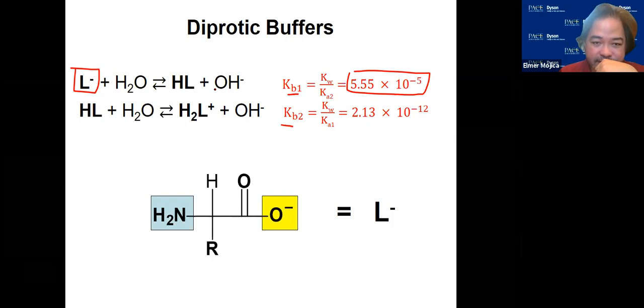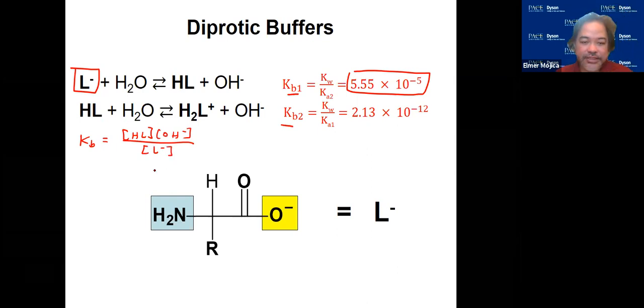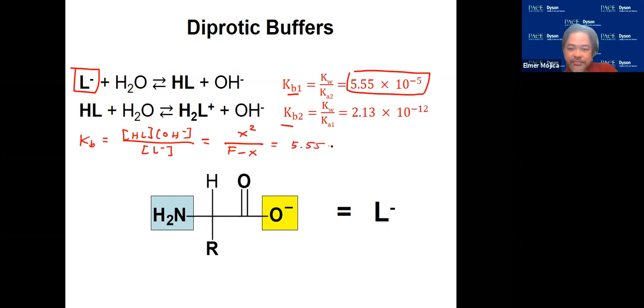If I follow this one, I have Kb equals HL times hydroxide over L minus, right? Which is just X squared over F minus X equals 5.5 times 10 to the negative 5. And then you calculate for X.